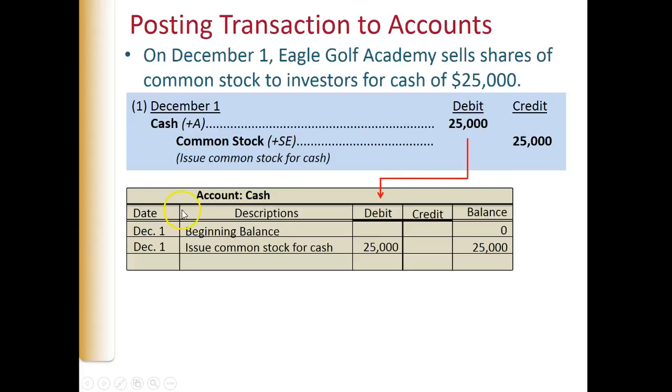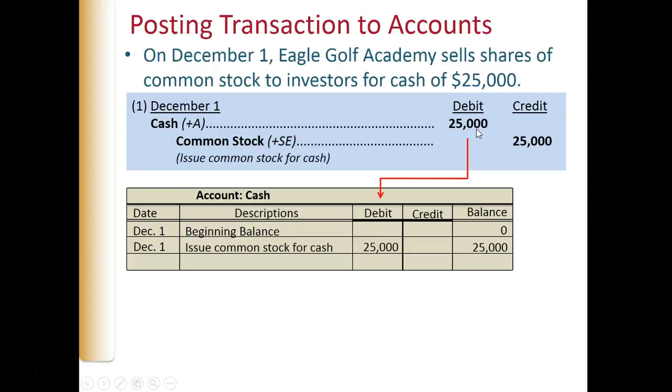So we're going to go to the general ledger where we see the account called cash. It started with a zero balance because remember the company started with nothing. But cash was debited $25,000.